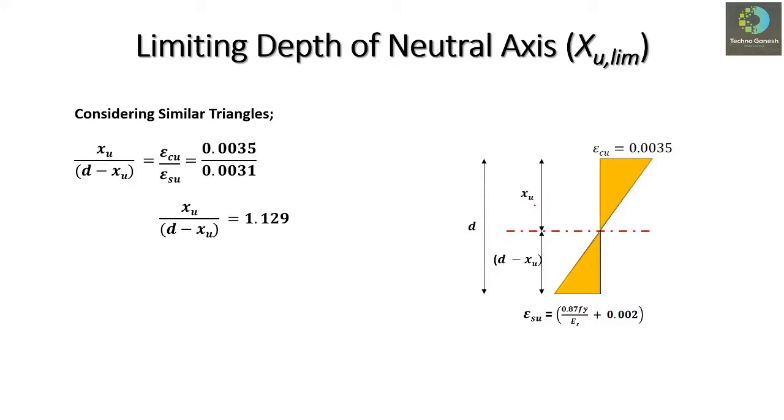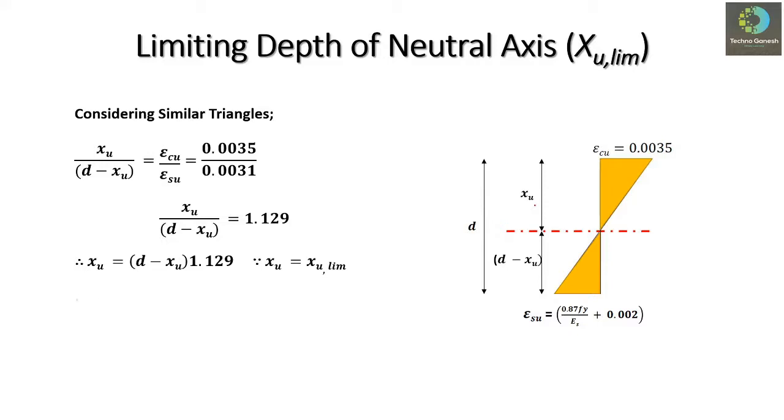1.129. If we rearrange this term, then xu equals (d minus xu) into 1.129. As we have considered this section as a balanced section, we can write xu as xu limiting.